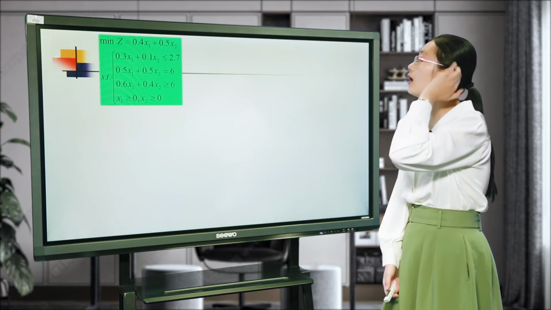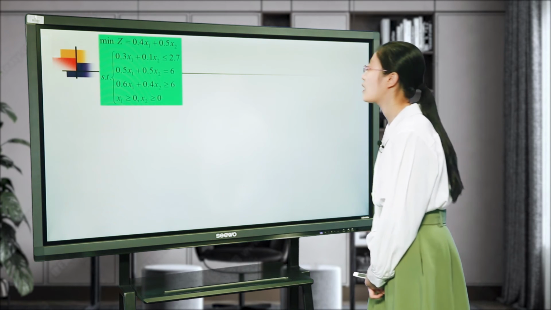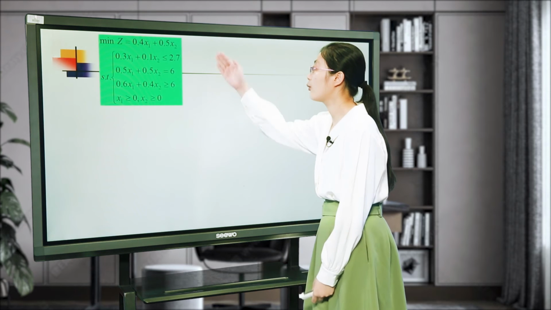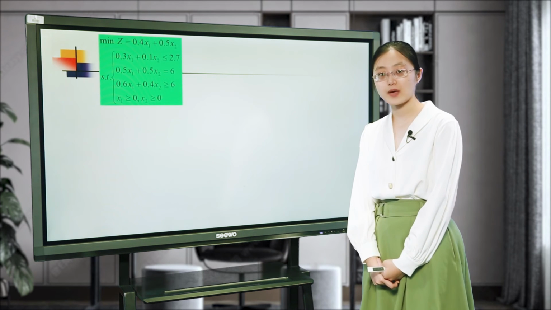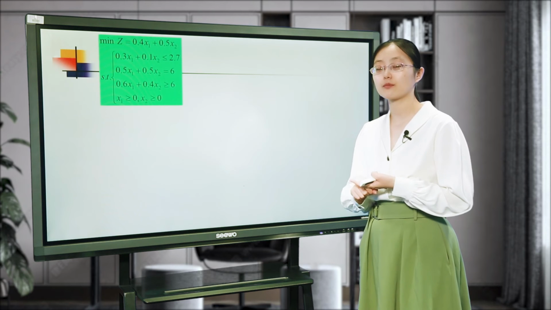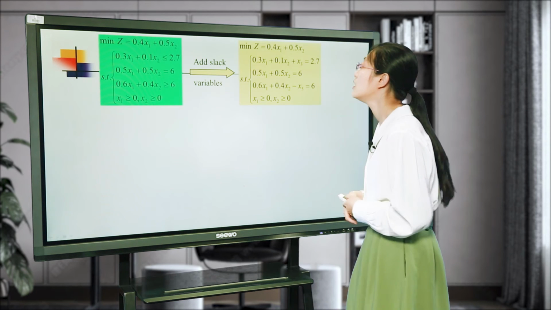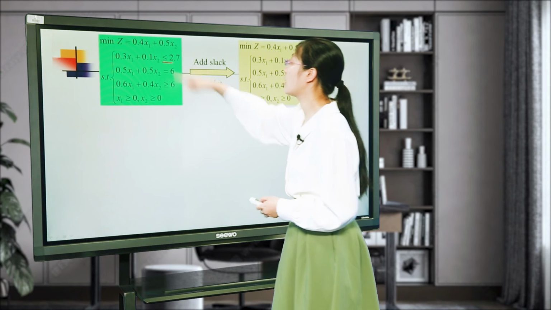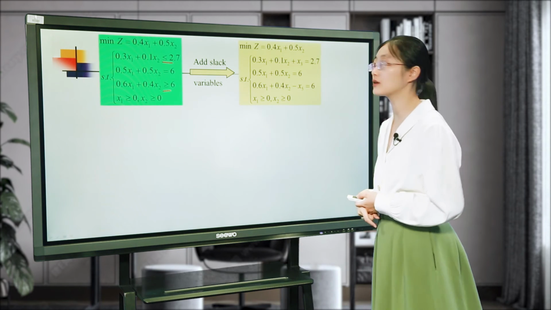If we want to minimize this objective function of 0.4x1 plus 0.5x2 with all these constraints, in order to start the simplex method, we first find its augmented form by changing all the inequalities to equations. So we add a slack variable to the first inequality and another slack variable to the third inequality.